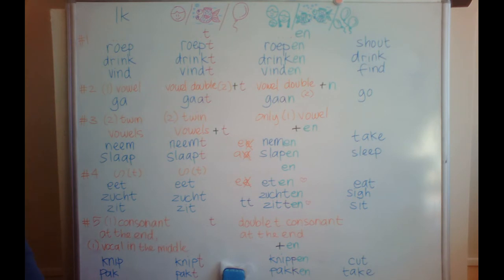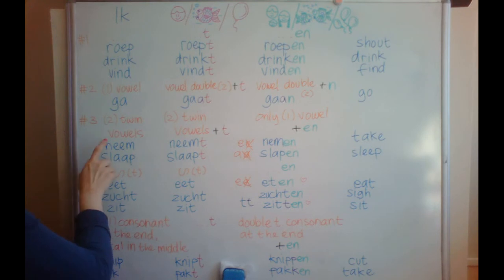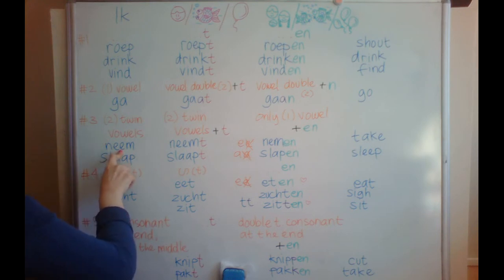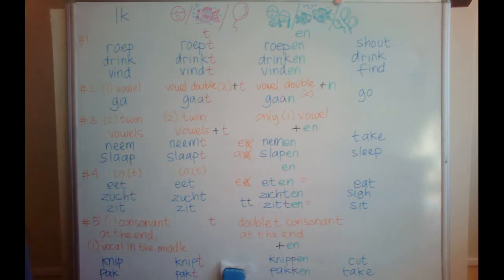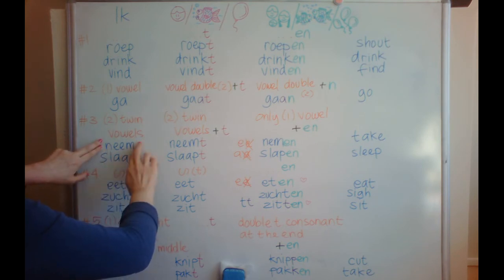Number 3. If it already has 2 twin vowels in the center, in the middle, and it has a consonant at the front and the back. This one has 1 and 1.